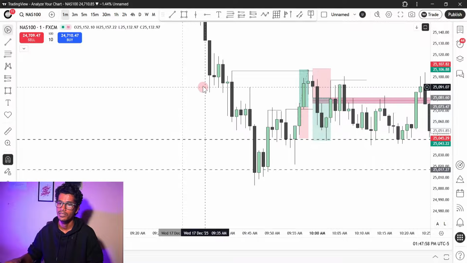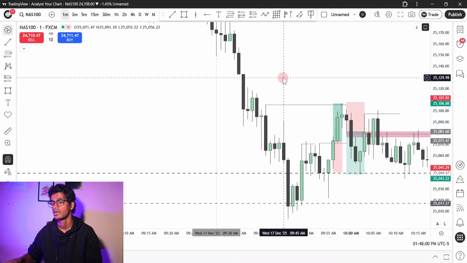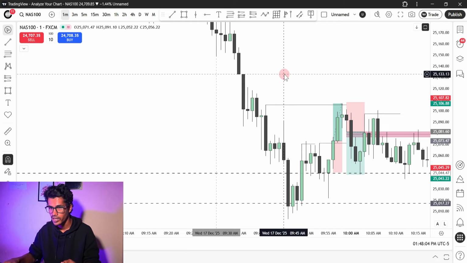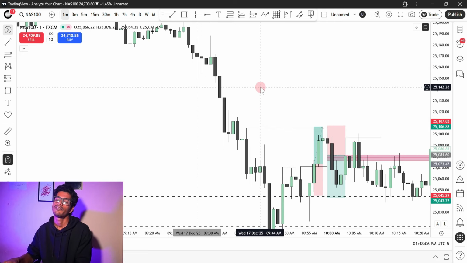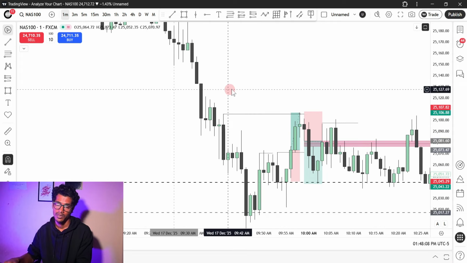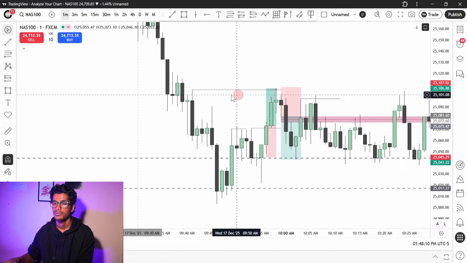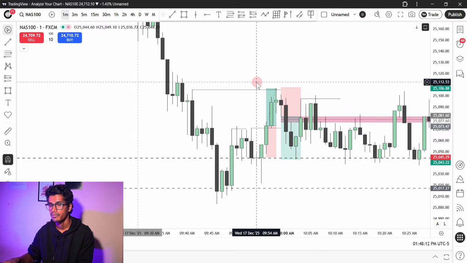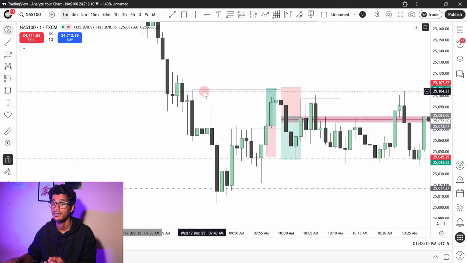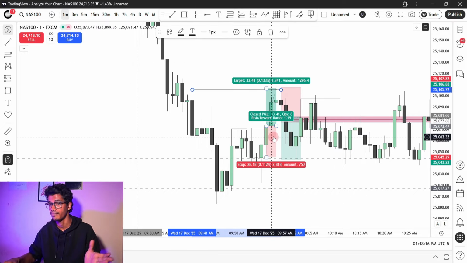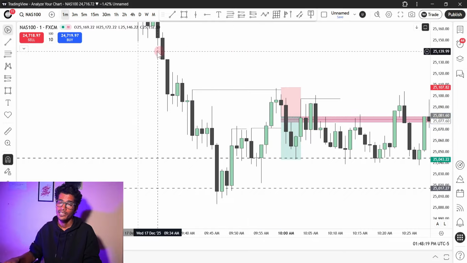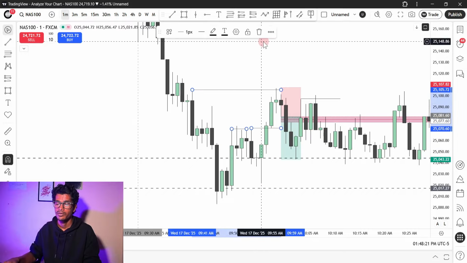Once we break below these lows, what traders usually do, I already told you: every time we broke a low, the trader puts the stop loss above the recent swing high or recent swing low. So I targeted that high. Price did exactly that. It took out that high, and I had my limit order there. It got filled, done with that trade.